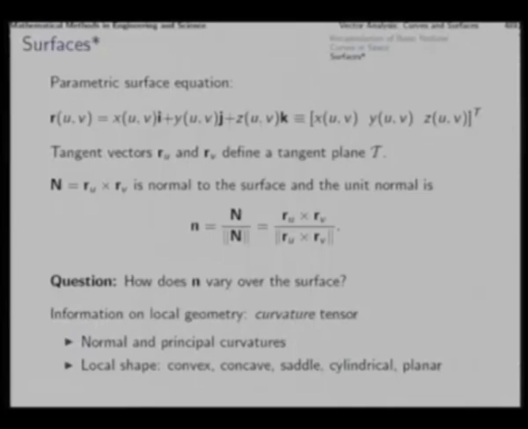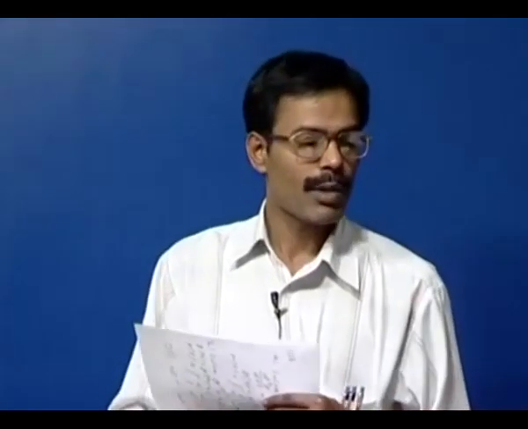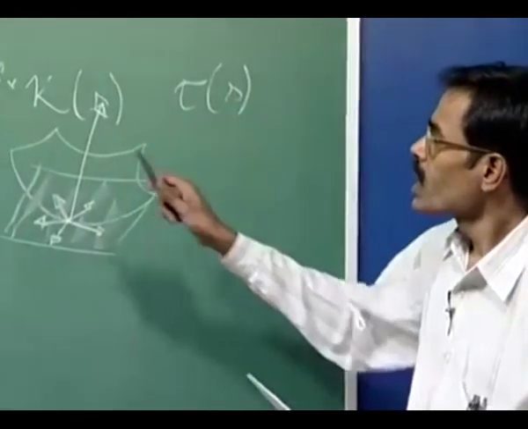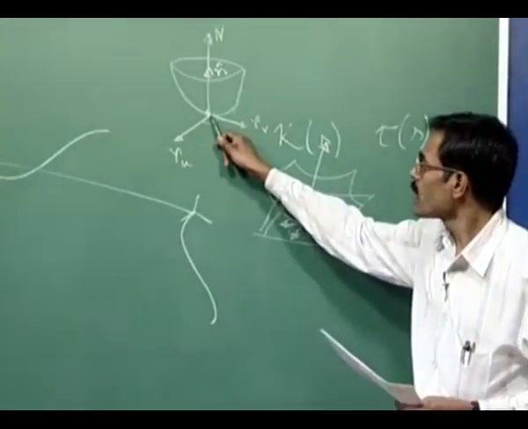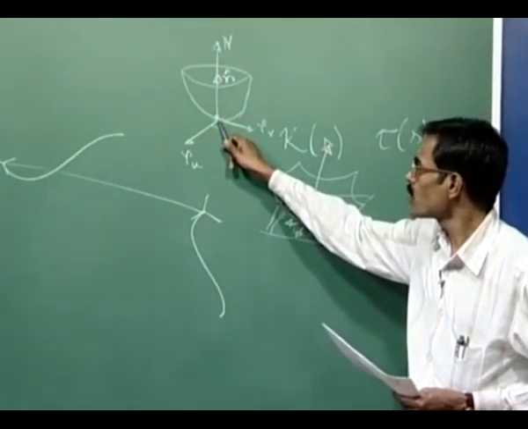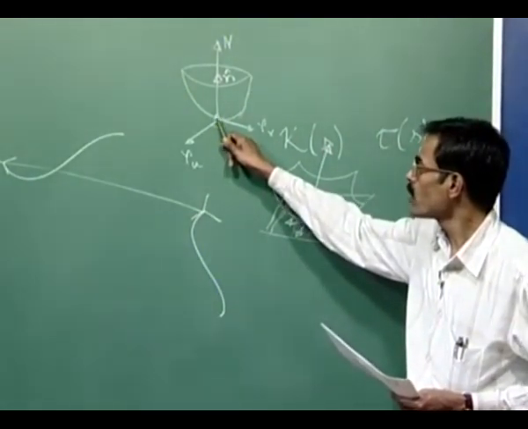So, you ask the question, how does n vary over the surface? This gives you the information about the local shape, local geometry of the surface. So, you can determine a curvature which is called normal curvature at every point along every direction.